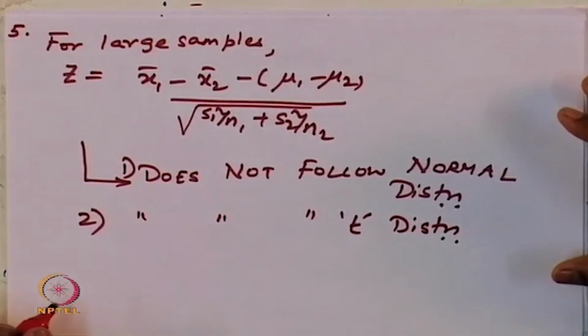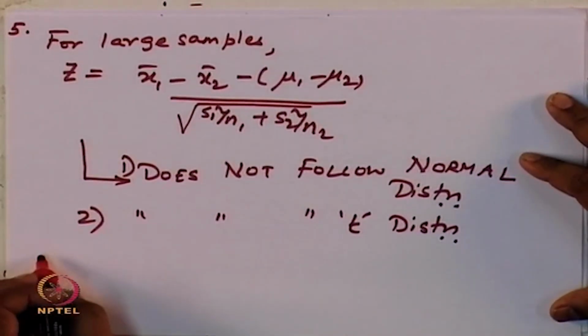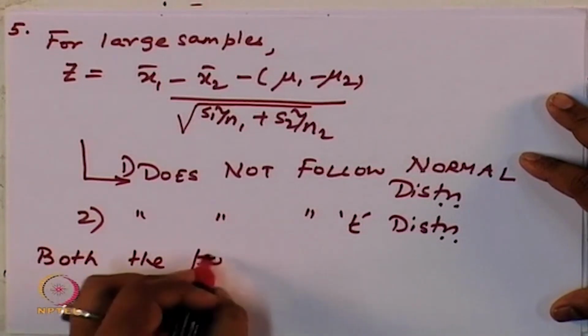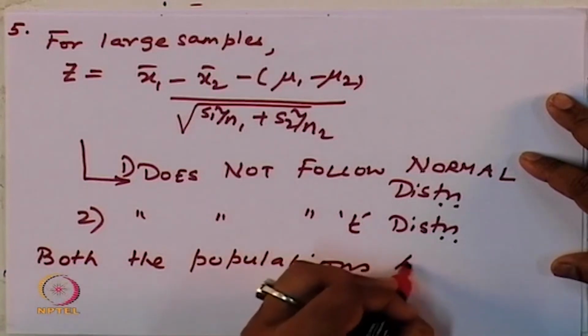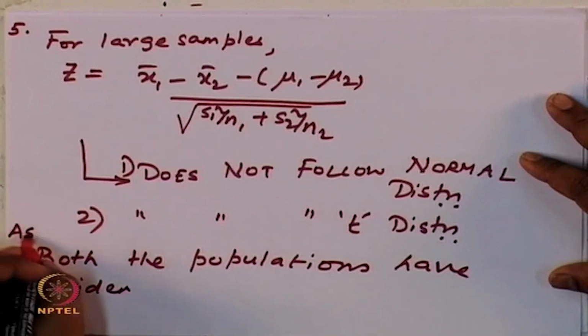So, the only way to make use of the t distribution is to make one particular assumption, that both the populations have identical sigmas. So, this is the assumption.